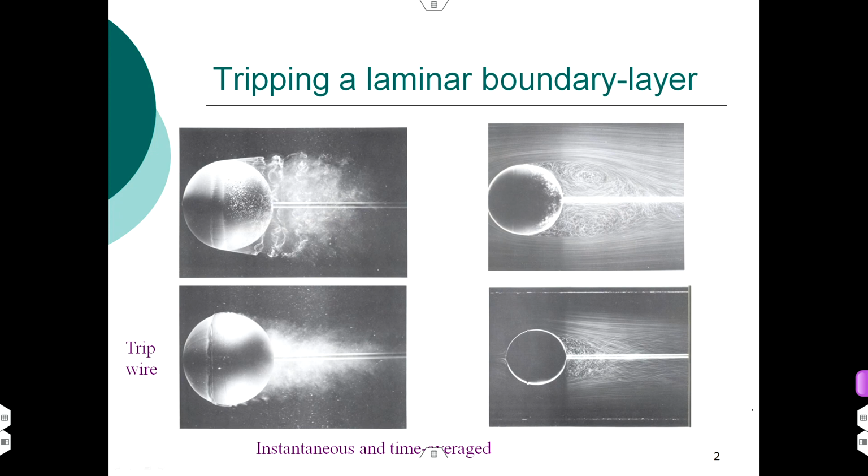You can see flow separating and this is the disturbed zone. The left hand side is an instantaneous picture, the right hand side is a time averaged picture. Instantaneous is just a snapshot; for time averages you collect such images for a whole sequence and then average them all out.